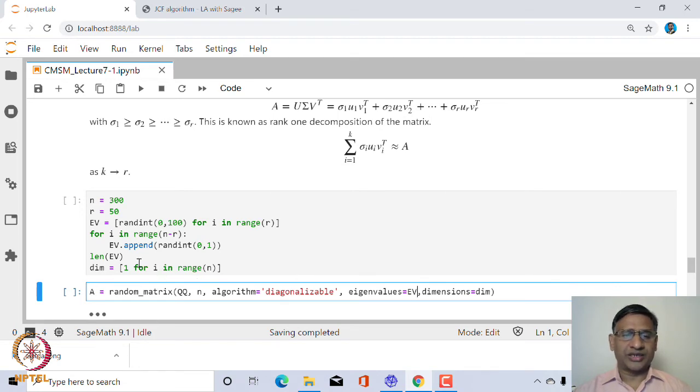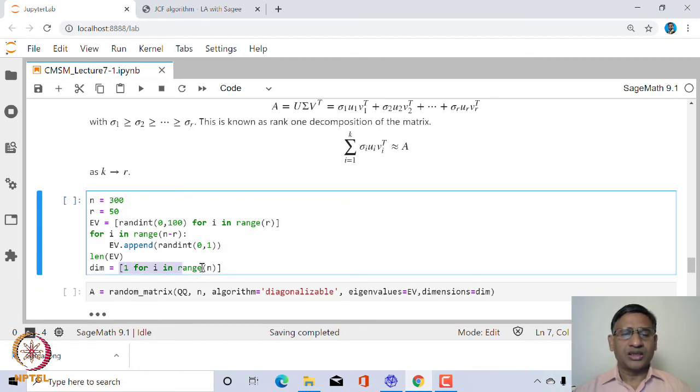We have said that the first 50 eigenvalues are random integers between 0 and 100, and the remaining could be 0 or 1. So lots of eigenvalues will be 0 in this case.